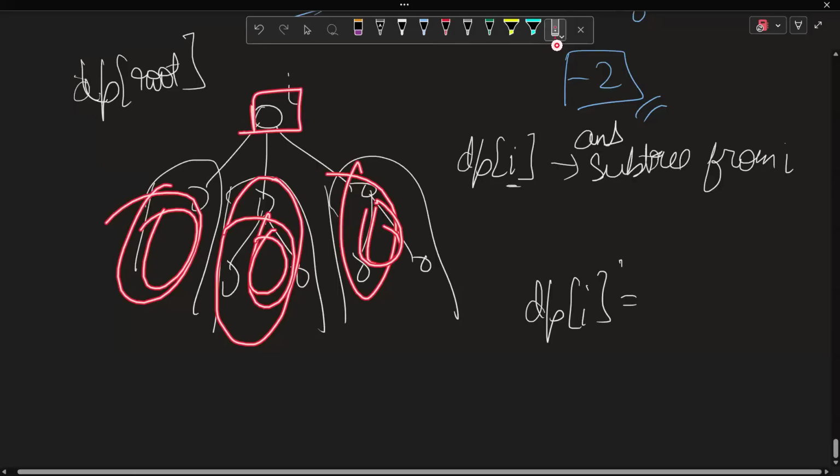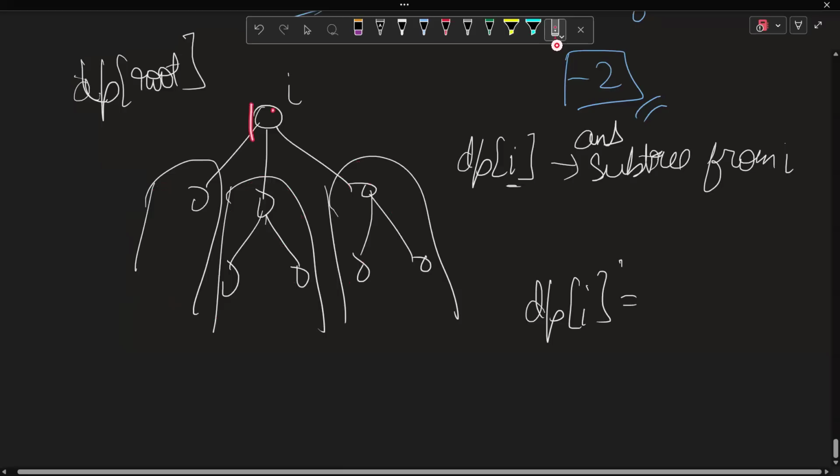And then I have two options whether to select it or not. If I am selecting it, I would have to reduce one from these answers. But in what case? If in this subtree, the best answer was by not selecting this, and in this subtree, the best answer was by selecting this, and in this, the best answer was by selecting this.